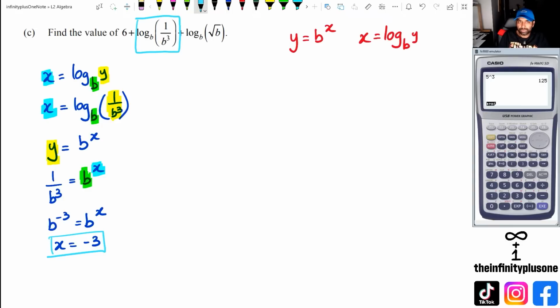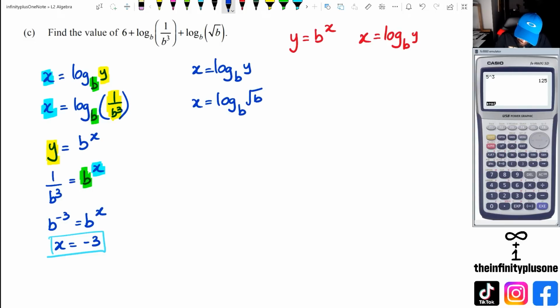If we look at the next one, I'm going to write down x equals log base b of y again. But in this one, I've got log base b of root b. Again, this is the y, this is the base, and this is x.